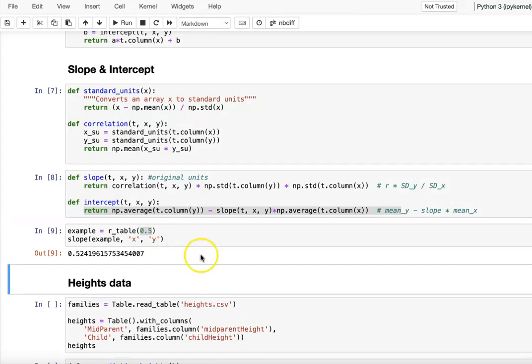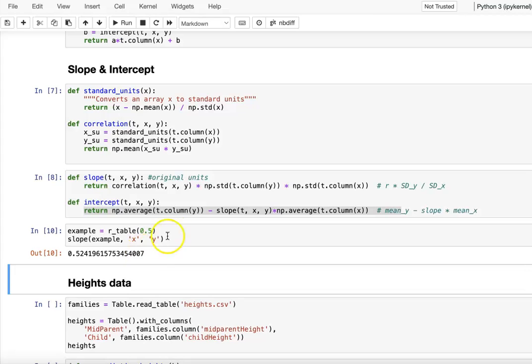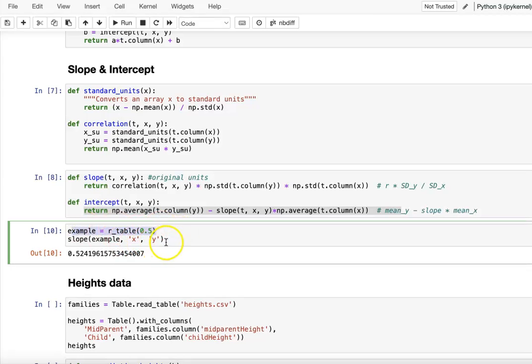Since we have the slope function, you just plug into the slope function and check again. After you have this table, you will see the slope you get supposedly should be 0.5, right? But because our R table is randomly generated, the slope you get will be very close to 0.5, but not exact.